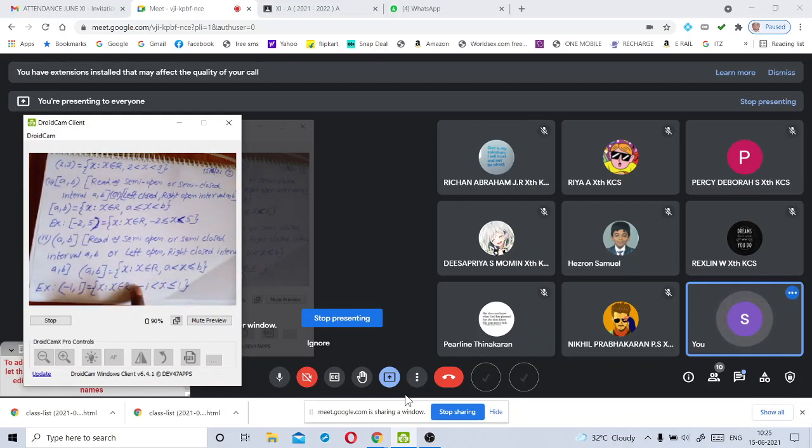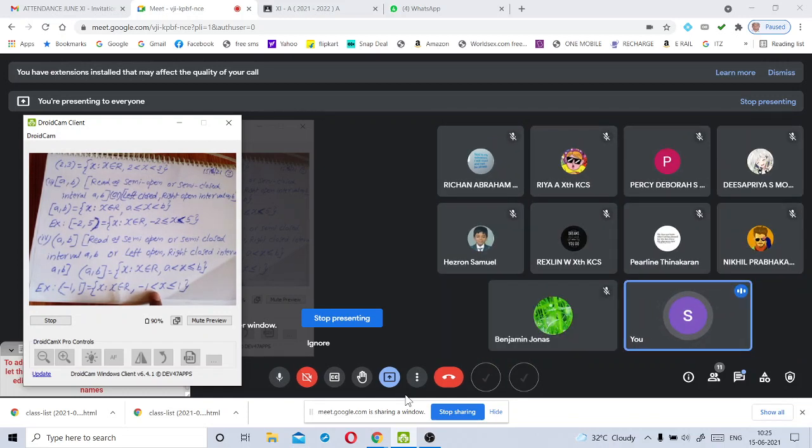This is a small trick. Write the first number first, in between write x, and then the second number. Before the first number, if a small bracket is used, then in the first gap keep only the less than symbol. If a square bracket is used, keep the less than or equal to symbol.